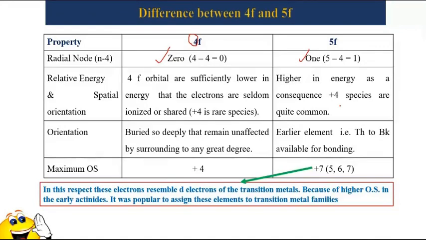I mentioned here that the f electrons resembled the d electrons of transition metals. That's why earlier scientists concluded that 5f block elements are the same as transition elements. It was popular to assign these elements to the transition metal families. Okay, that is for 5f.